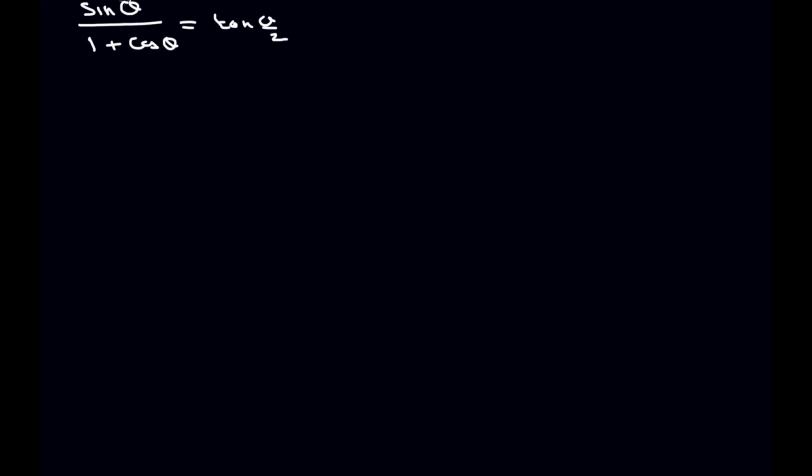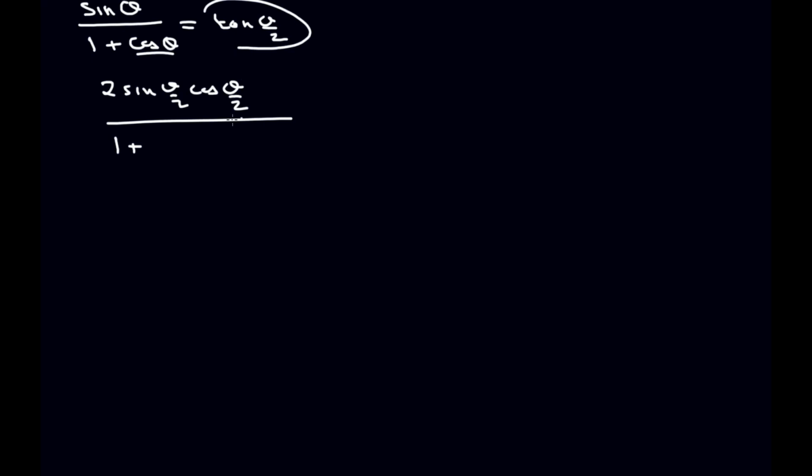Okay, so remember this now, you treat this as a double angle. All right, so that one becomes 2 sine theta over 2 cos theta over 2. And remember, here we need a cosine somewhere, so it will be at the bottom here.